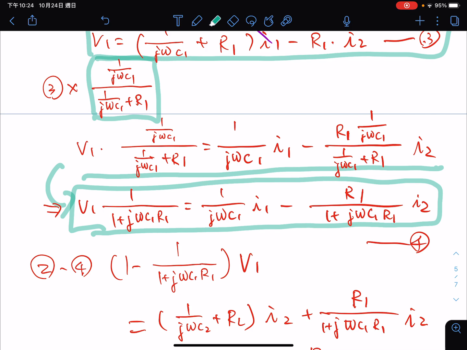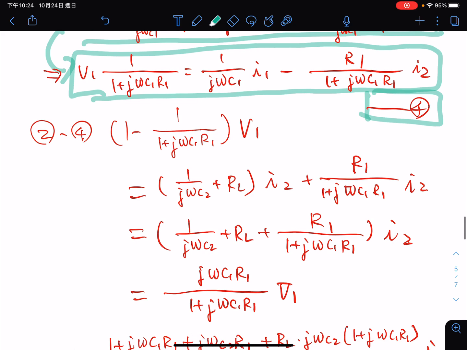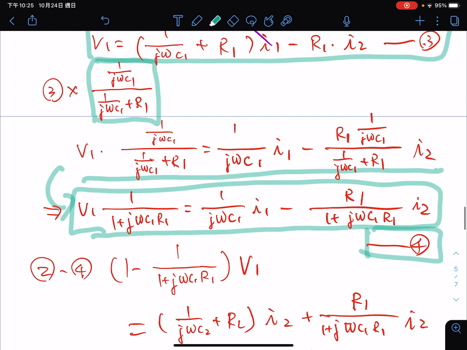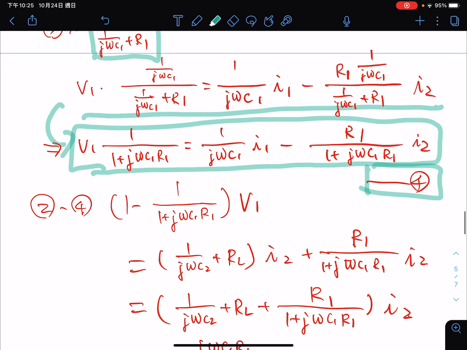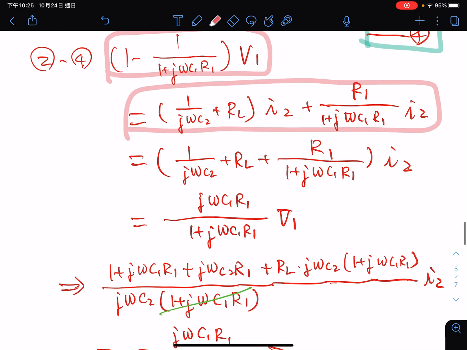For the left hand side, I try to multiply the numerator and the denominator by j omega C1, and then I can have the fourth equation. I subtract the second equation by the fourth equation, and this is the one. So the left hand side becomes this one, and this will be the right hand side. Wow, a bunch of this one.